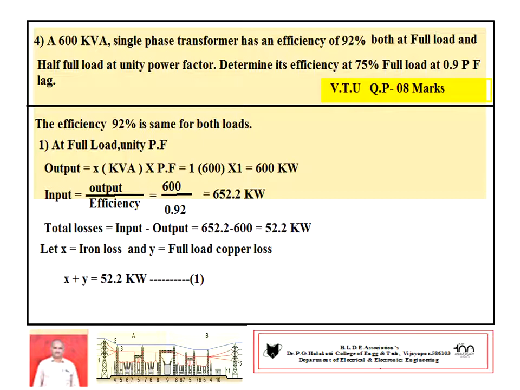So we are getting around 52.2 kilowatts. This is the total loss, the sum of both losses. Let x be the iron loss and y be the full load copper loss. Therefore, iron loss plus copper loss equals 52.2 kilowatt, that is x plus y equals 52.2 kilowatt, equation number 1.